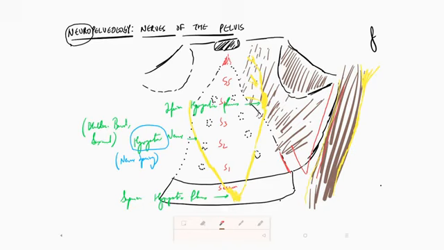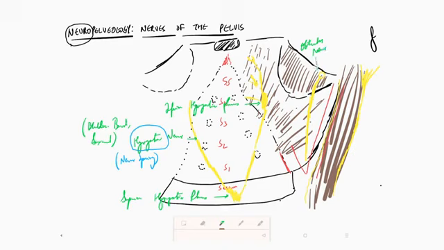Now, at the confluence of the external and the internal iliac artery, you have one beautiful long nerve called the obturator nerve, and it is this nerve which exits outside the pelvis through the obturator foramen along with the obturator vessels. So here you have the obturator nerve. This is going to exit the foramen.